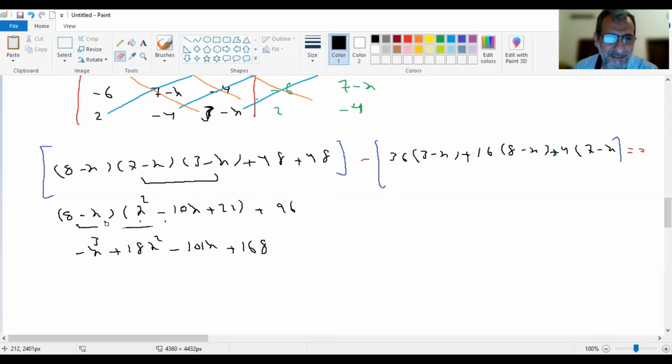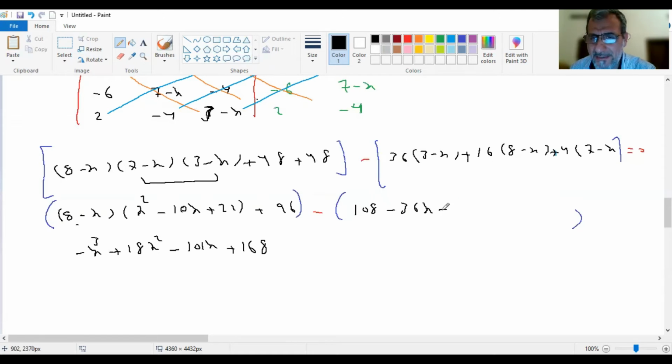This is the multiplication. Then we have minus what? Now this multiplication is done here. Now minus this one: 36 by 3 is 108, and 36 lambda.